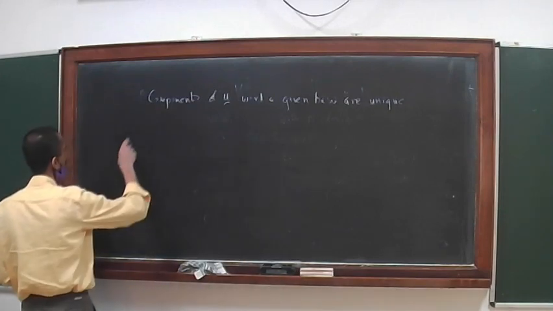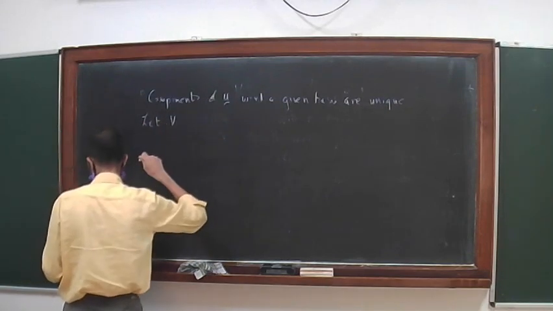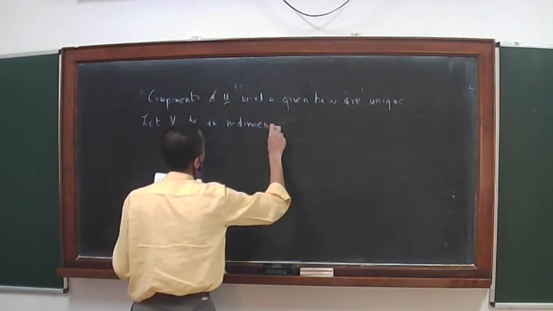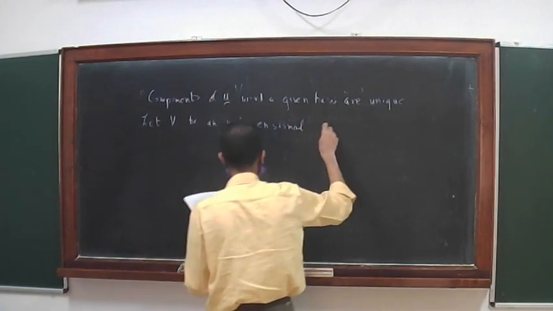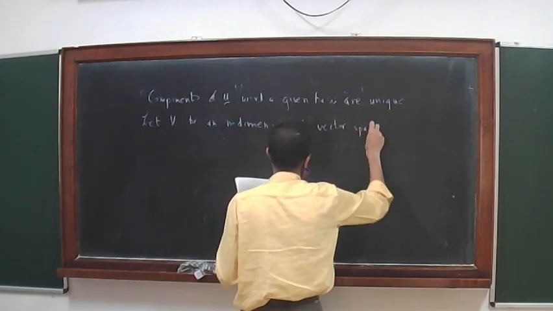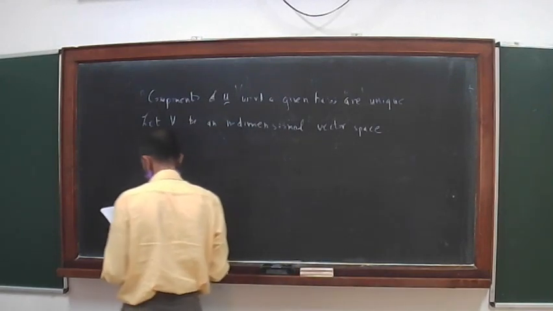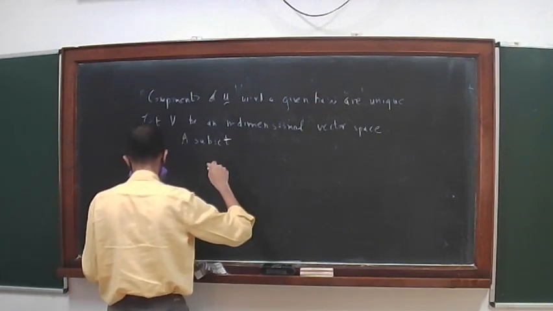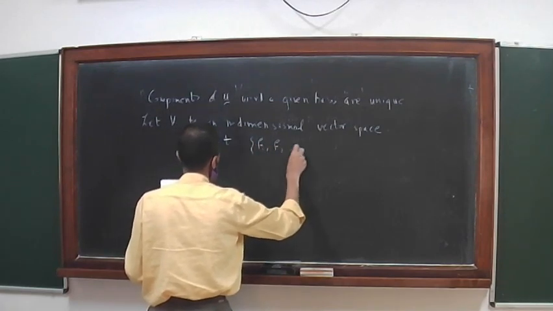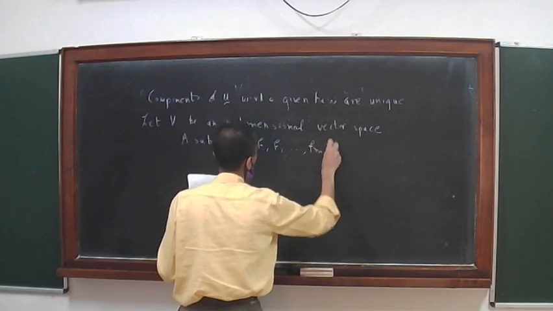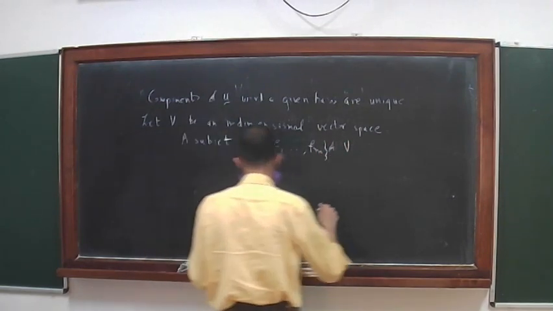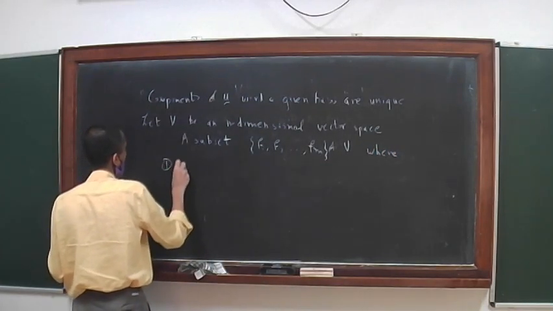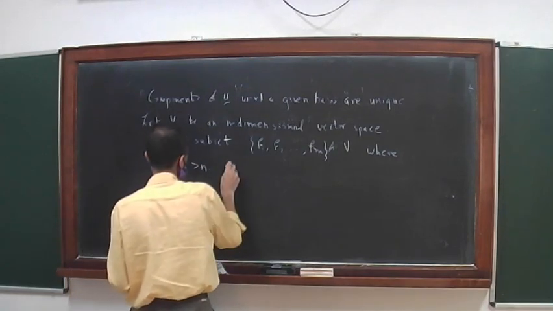Fine. Now let's move on to the next result. Let V be an n-dimensional vector space, and then a subset F1, F2 up to Fm of V, where m is greater than n, cannot be a basis, right?